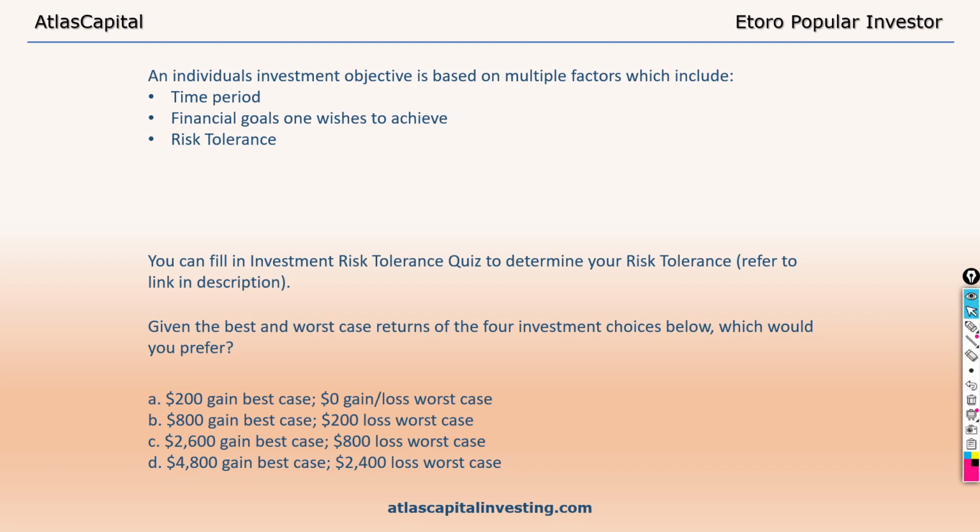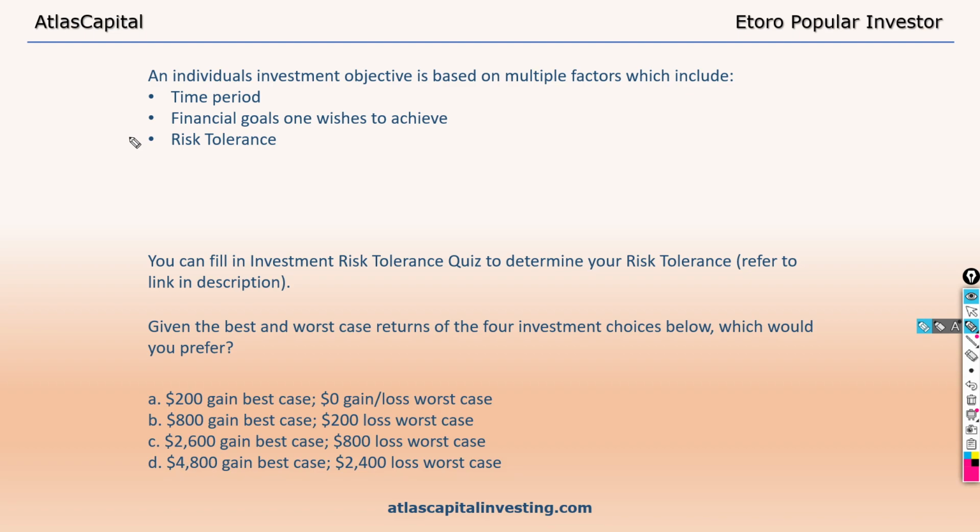In turn it requires you to consider some factors such as time period and your financial goals, and these two are usually quite straightforward, because one usually knows how long they are going to invest and at what age they are. The second one is also more or less straightforward: what do you want to achieve in the end? The third one is not so straightforward.